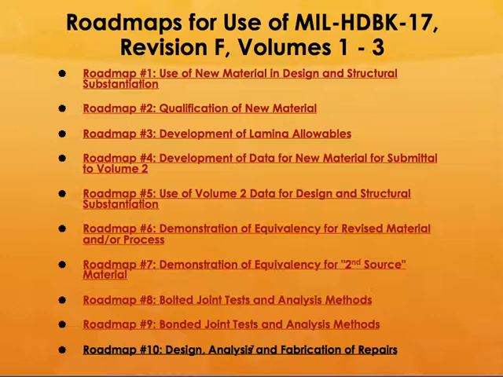Okay, so these are the different roadmaps in the Mil Handbook. So Military Handbook 17, and the current one is revision F, volumes 1 to 3, and there are different roadmaps that you will find in this book, and each of those roadmaps relate to particular sections and topics for use of composites engineers and design engineers.